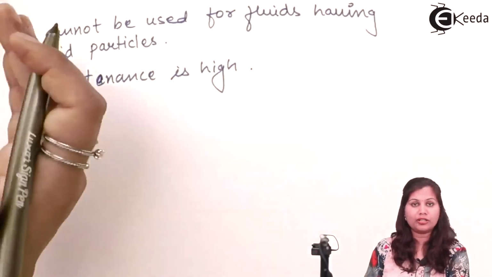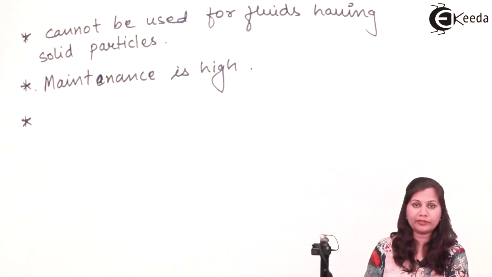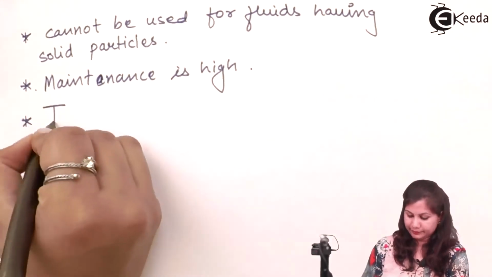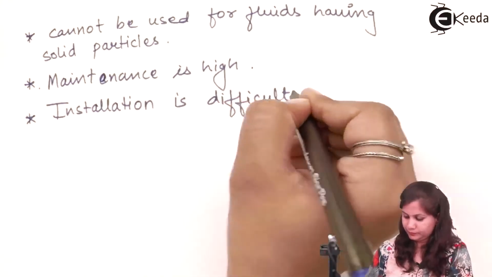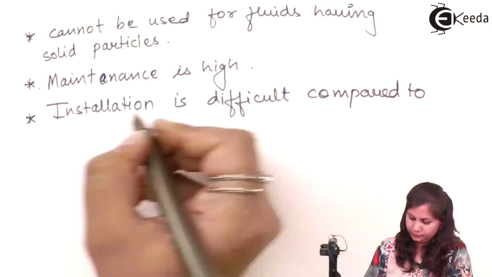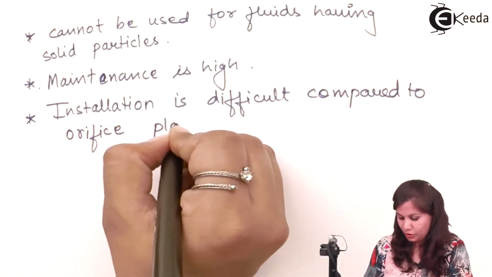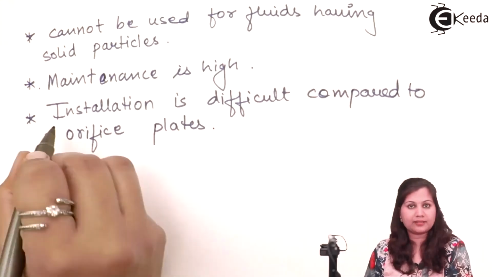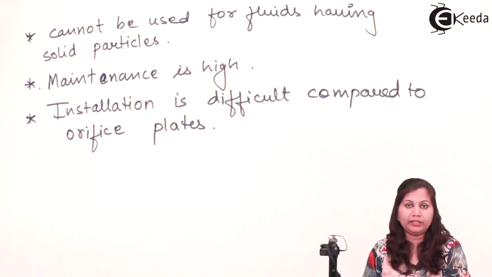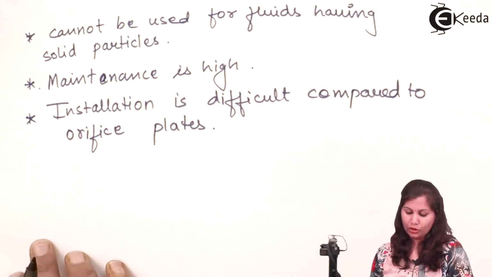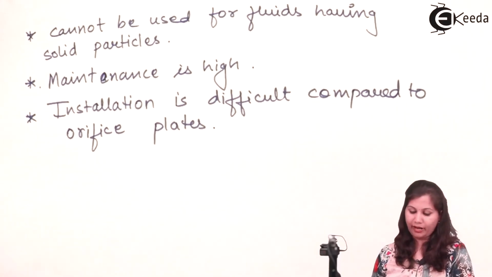And if its installation is compared with the orifice plates, then its installation is difficult. So compared to orifice plates, its installation is difficult, but if it is compared with the venturi meter, then its installation is very easy. So these are the disadvantages, or we can say limitations, of flow nozzles.